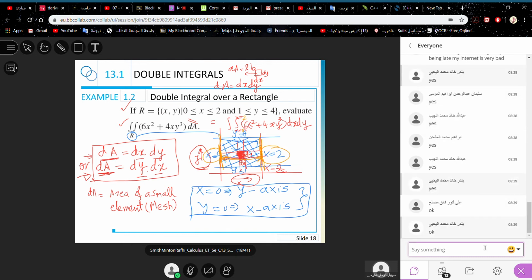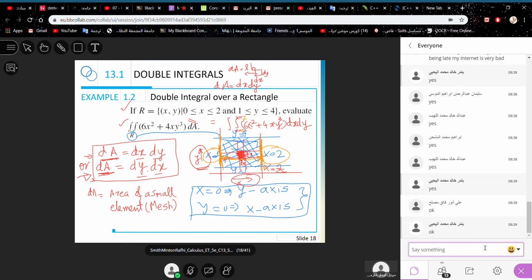To find the limit for x, we will take the element left and right. And for the limit for y, we will take up and down.